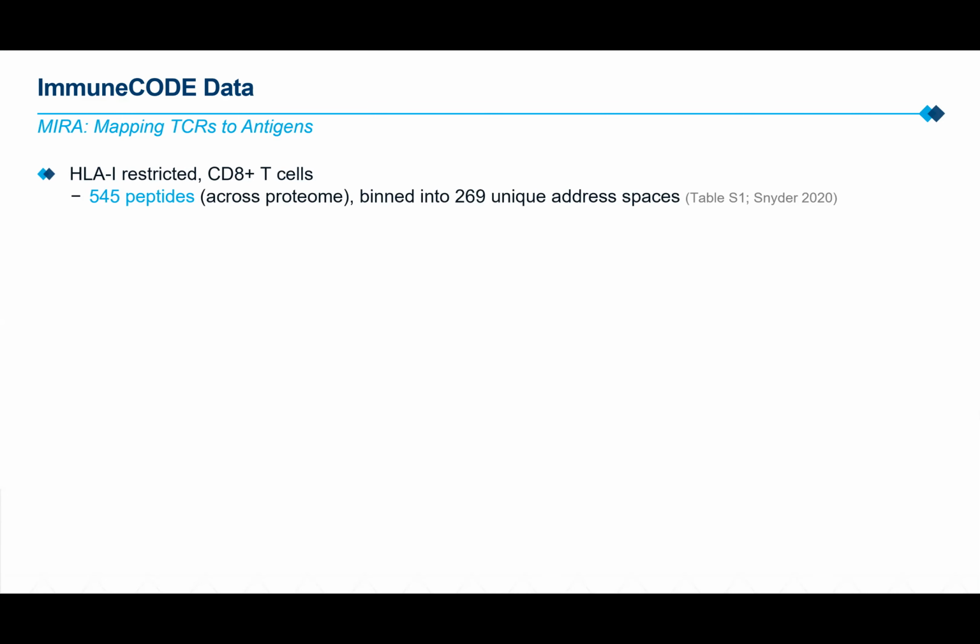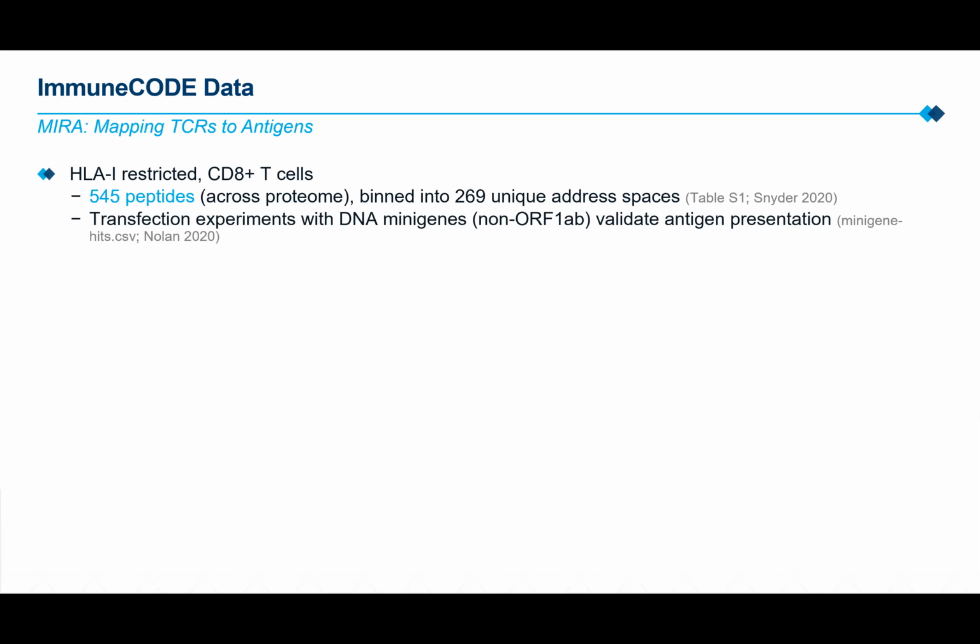These span the entire proteome and have been binned into 269 unique addresses, where the binning was really based off overlapping peptides where we expected there to be high degrees of cross-reactivity. Details from that are in one of the two papers that I noted before. All of these gray boxes just point you to how you can pull the numbers that I'm sharing in the slides, so that you can navigate that yourself.